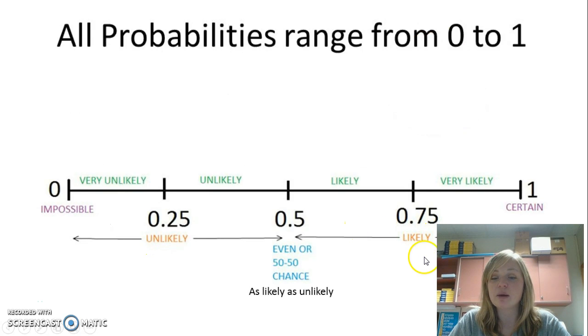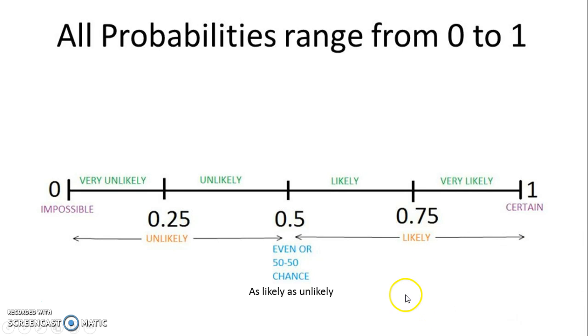All right, you will also remember that all probabilities range from 0 to 1. So 0 are things that are impossible. They are never going to happen, okay? So an example of that with the dice is the probability of rolling a 7 is never going to happen on a regular 6-sided dice because a 7 is not an option on a regular 6-sided dice.